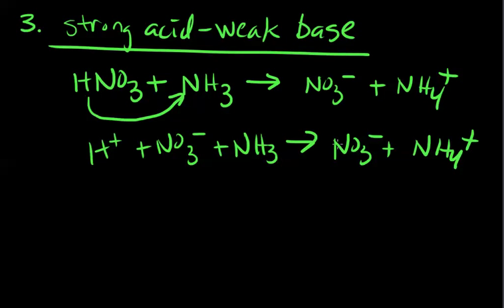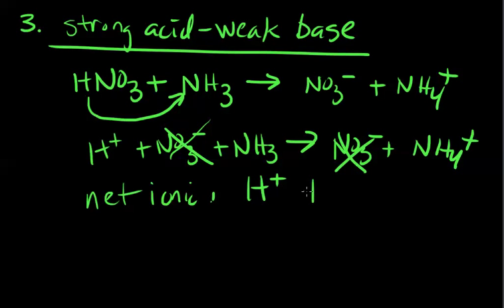ammonium ions. So if we cross out our spectator ions on both sides, we end up with a net ionic equation of hydrogen ions plus ammonia produces ammonium.